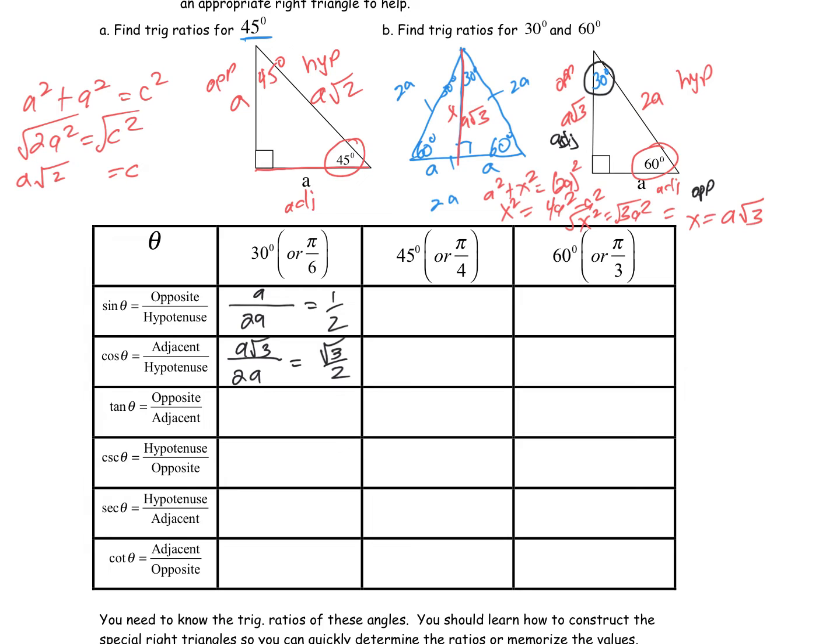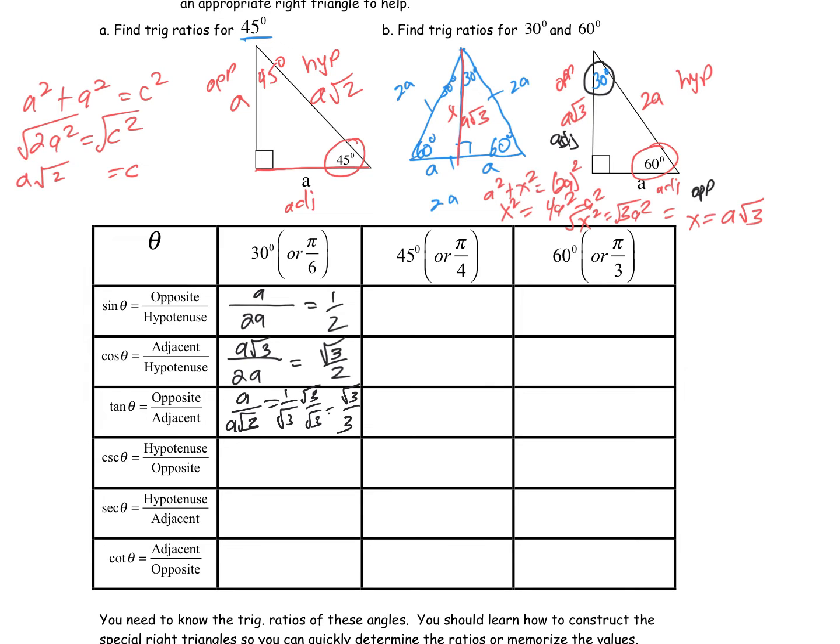Tangent theta relative to the 30-degree angle is the length of the opposite side over the length of the adjacent side. So that is going to be A over A rad 3, and then that becomes 1 over rad 3. And then we'll rationalize it, which becomes rad 3 over 3.